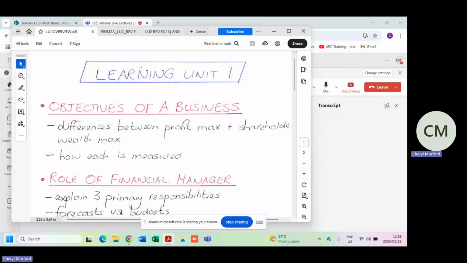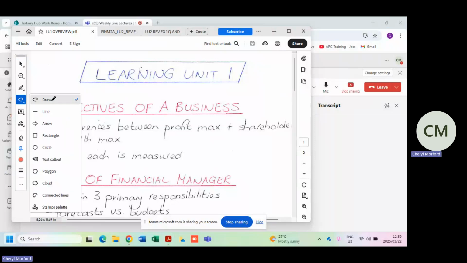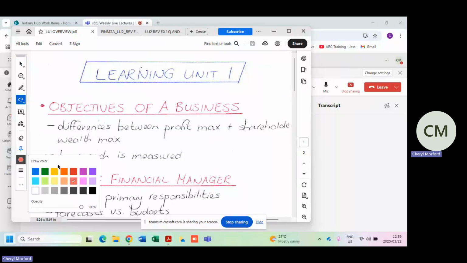Right, so let me just take you through some of the main parts of Learning Unit 1. So the learning unit begins with objectives of a business, and there are 2, which are well explained in the book. I just need to make sure that everybody does indeed know the difference between them.